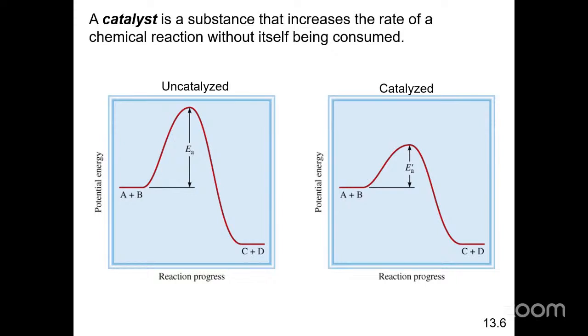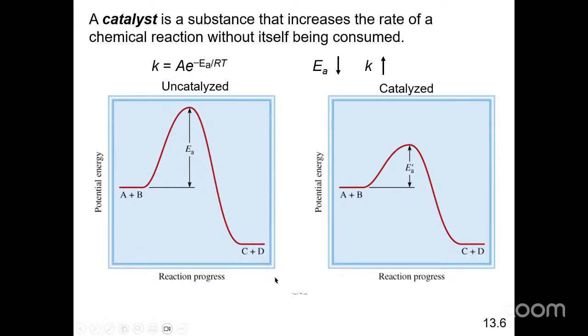Why? Because if you lower the activation energy at the same temperature, all the conditions being the same, more molecules will be able to overcome that barrier, which is the activation energy, and as a result, the reaction rate will be faster, all right? If you remember this equation here, you'll see that if Ea is lower, that results in k increasing. And if k increases, the reaction rate will increase, because the rate is of course dependent on the magnitude of the rate constant, all right?